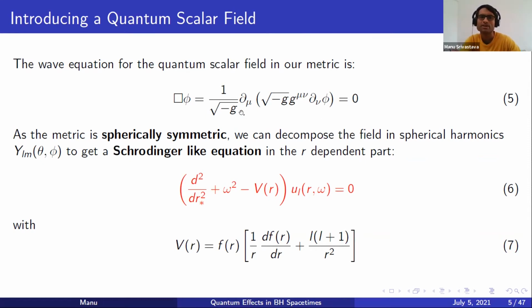If we decompose the field in terms of spherical harmonics Y_lm, it is well known that we can get a Schrodinger-like equation in the radial coordinate, which is given by equation 6. Equation 6 has a potential, given in equation 7, which is f(r) times [(1/r) df/dr plus l(l+1)/r squared]. What I want to highlight here is that this potential is l dependent.